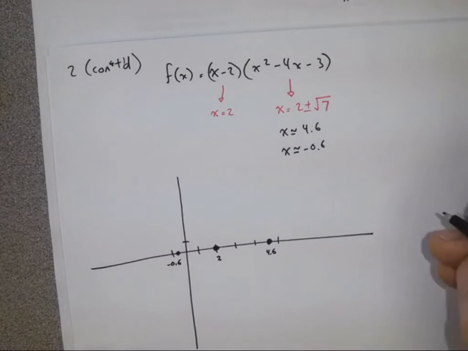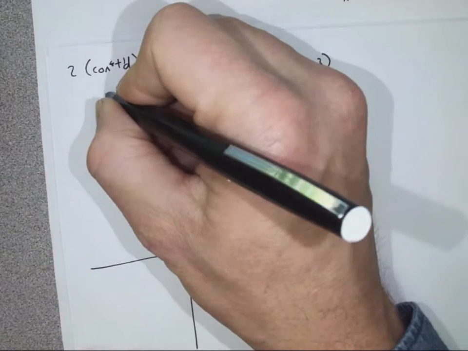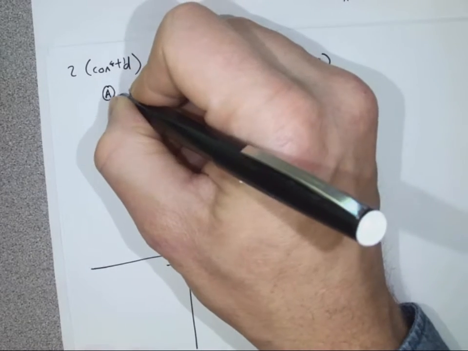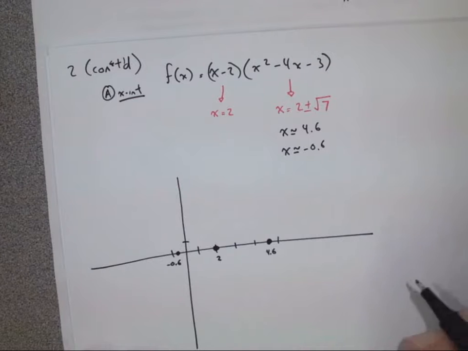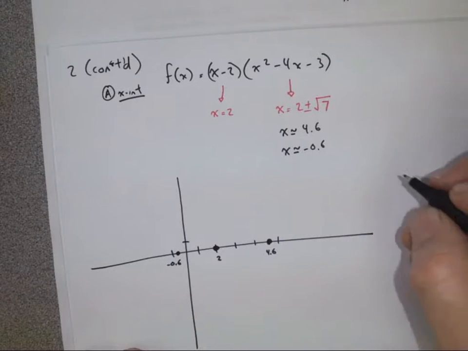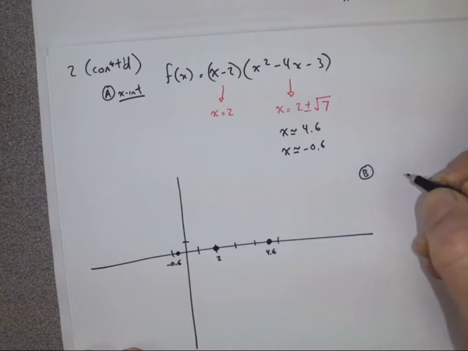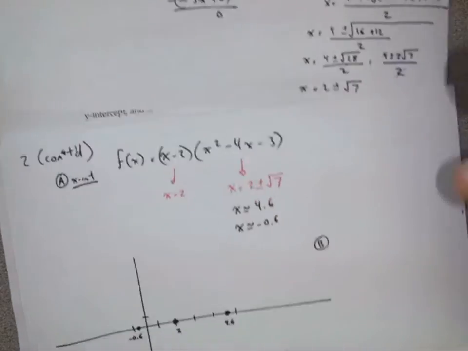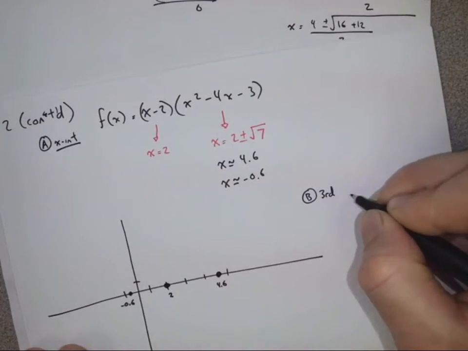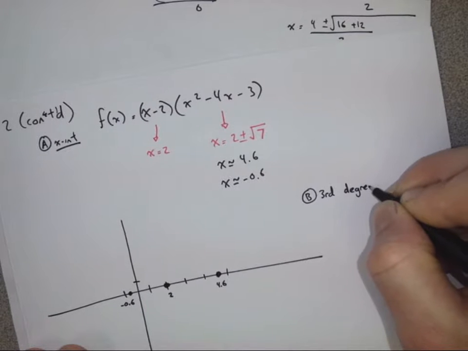Next, that's my x-intercepts. So next I want to find out my number of turns. So I just check and I say, okay, this is a third degree polynomial.